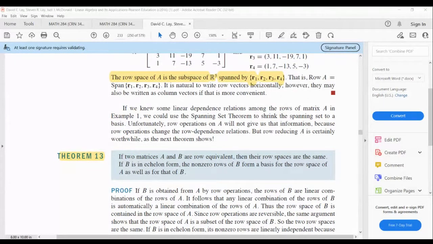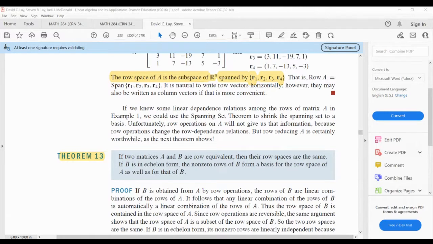If 2 matrices A and B are row equivalent, then their row spaces are the same. If B is an echelon form, the non-zero rows of the matrix B form a basis for the row space of A, as well as that for B. So that means that the space spanned by the rows of the matrix A is equivalent to the space spanned by the rows of the matrix B when B is an echelon form.